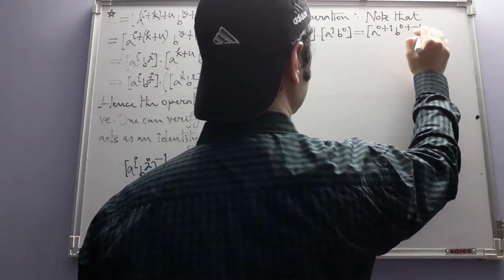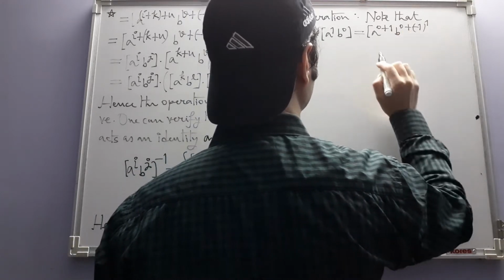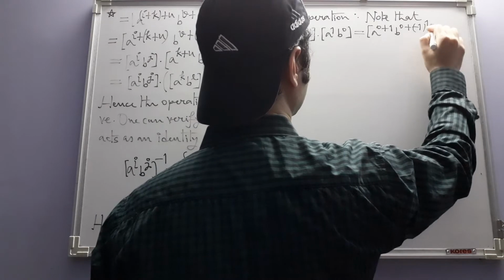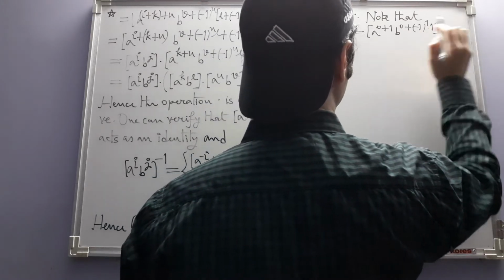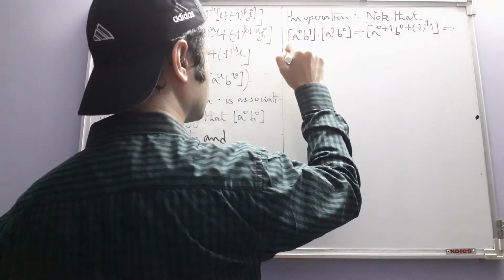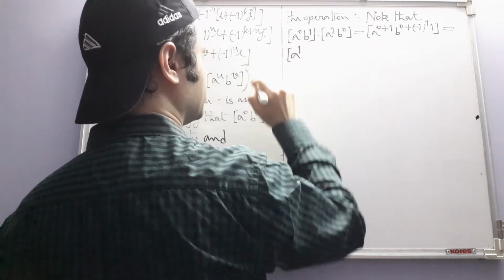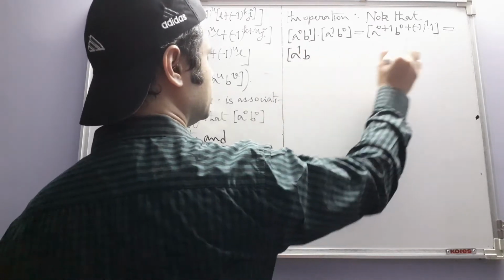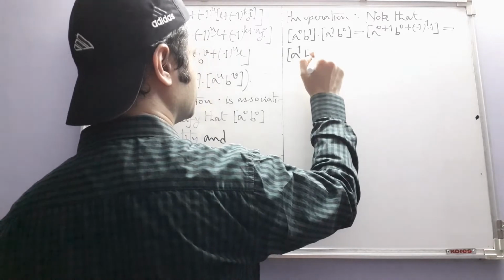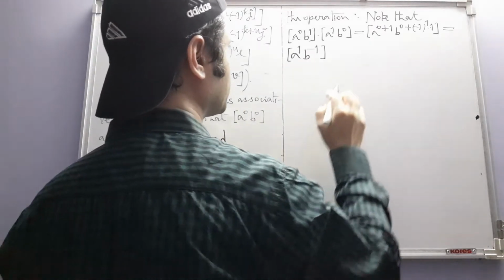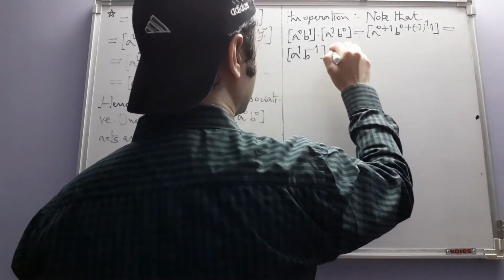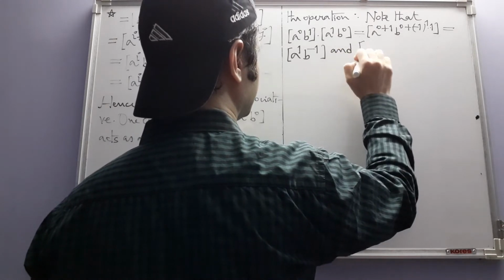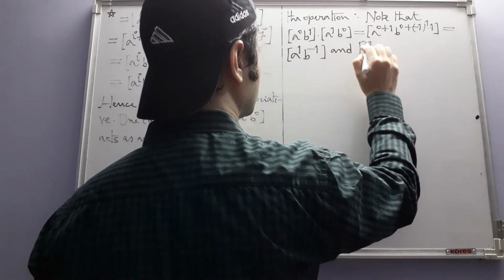Zero plus minus 1 to the power 1 times 1. So here we are getting A1 B minus 1, so we get minus 1. And what shall we get if we switch the order?